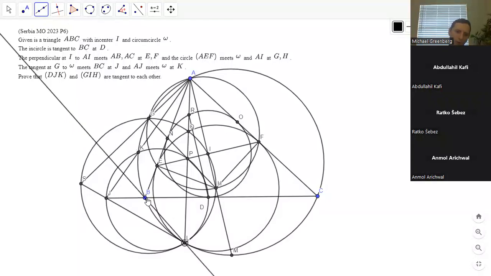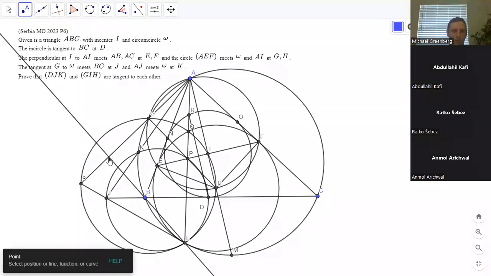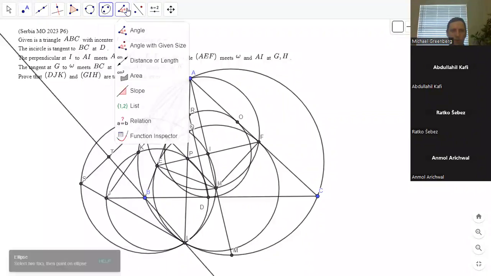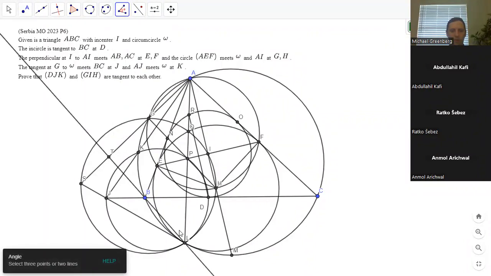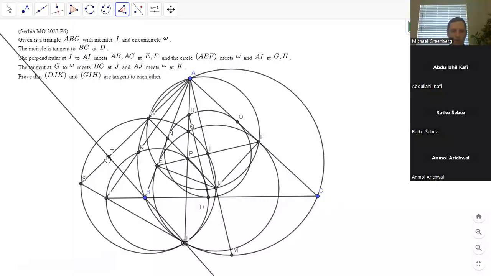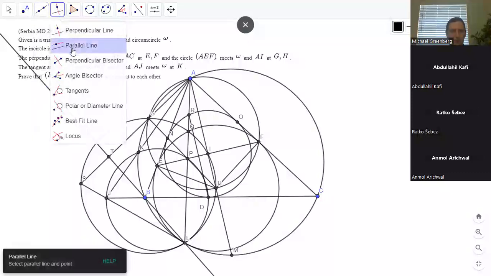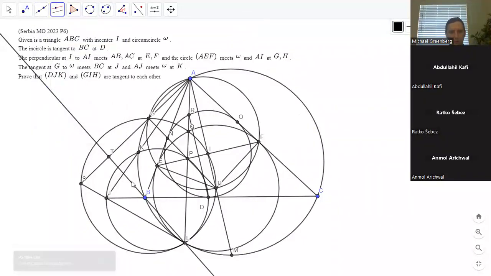I wonder if LB is perpendicular to AG? No, it's not true. Is LB parallel to HG? No.